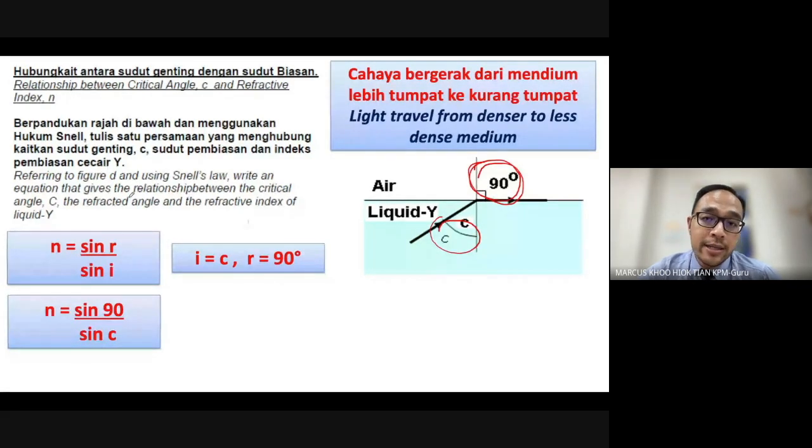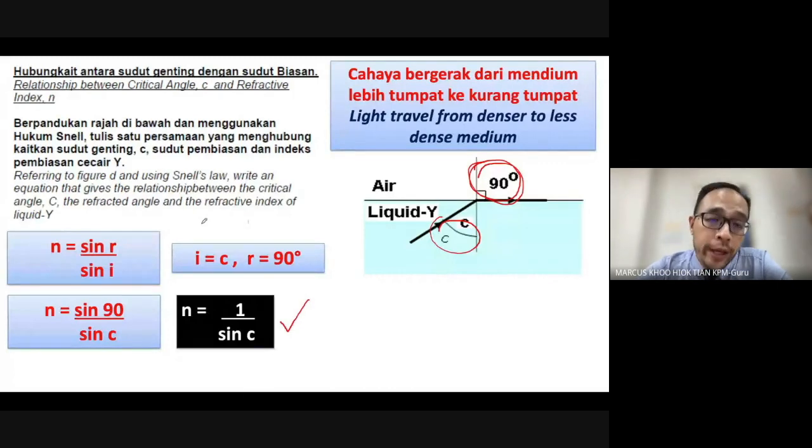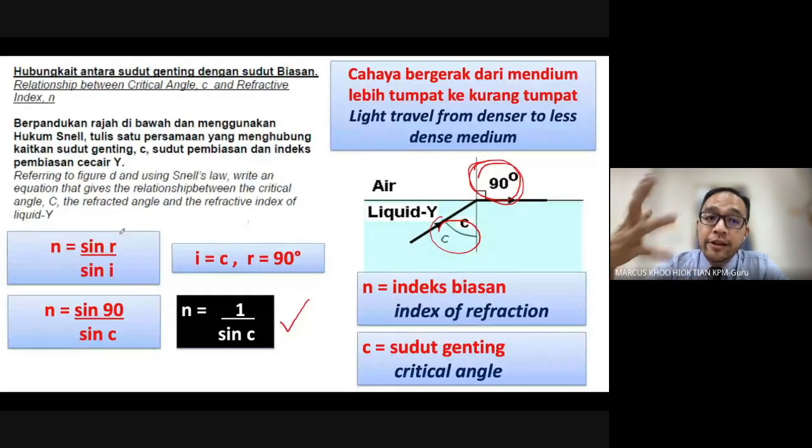So when you calculate sine 90, if you press your calculator, sine 90 will give you a value of 1. And this is the fourth and the final way that we calculate refractive index: the relationship between the critical angle and the refractive index. The bigger the critical angle, the smaller the refractive index.